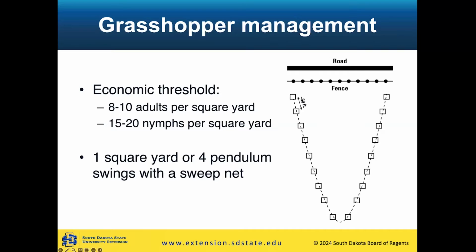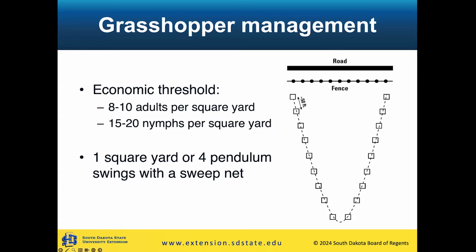So for management with these, the economic threshold is 8 to 10 adults per square yard, or 15 to 20 nymphs per square yard. And when you are scouting for these, you can do visual counts. So you can just picture 1 square yard in your mind and walk toward that spot and count the number of grasshoppers that jump out of that spot.